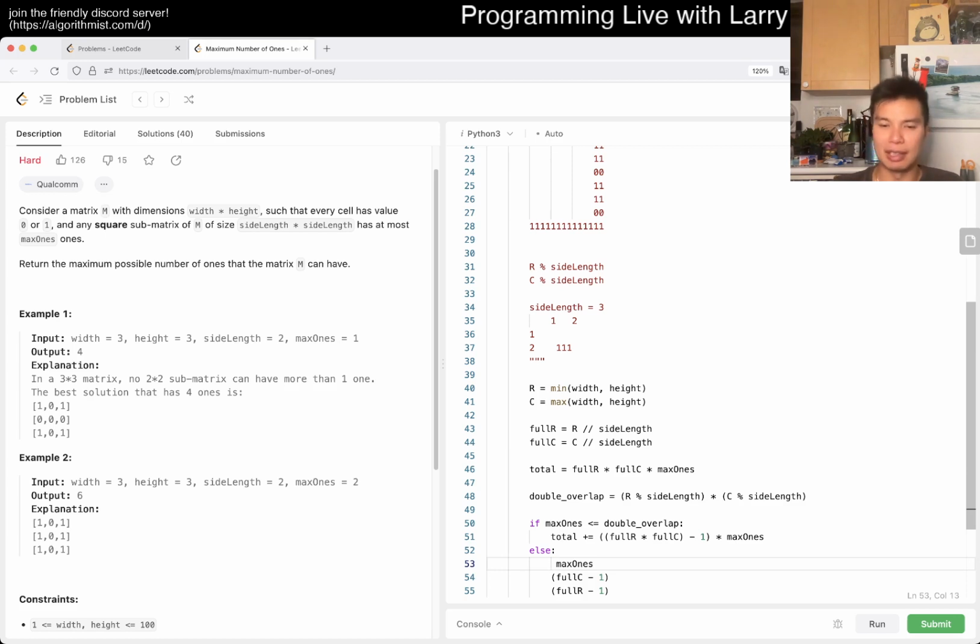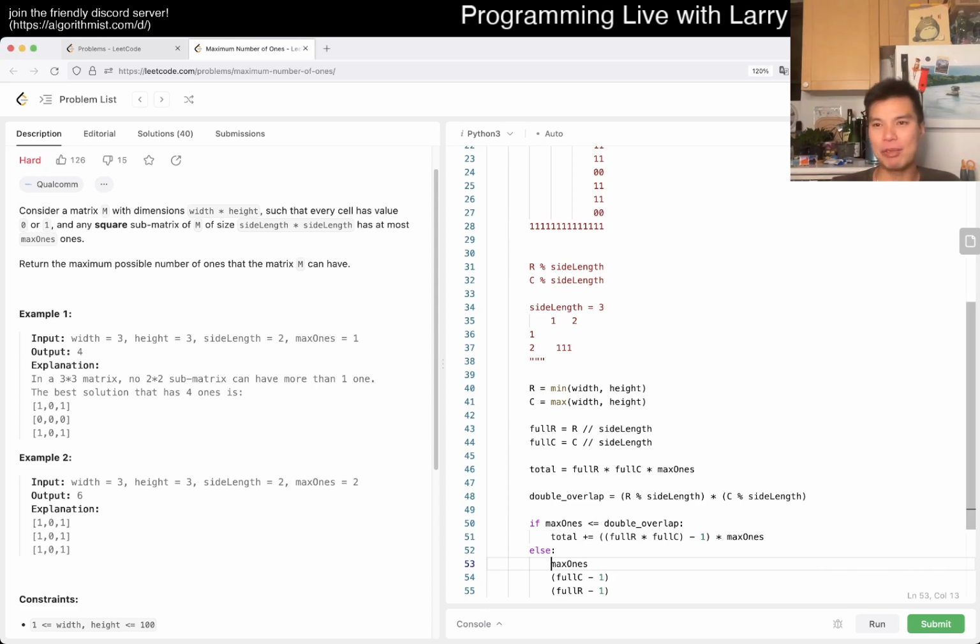No. I mean, yeah. Wait, what? Give me a second. Well, the full length is the same as the side length. That's why I got a little confused. I'm confusing a lot of things. This is kind of a hard part.